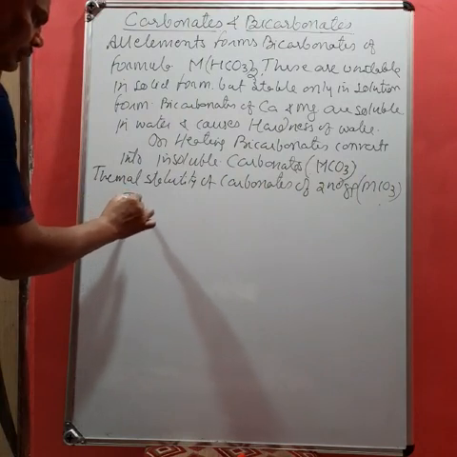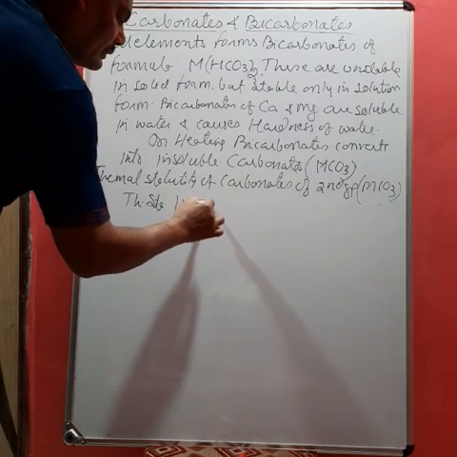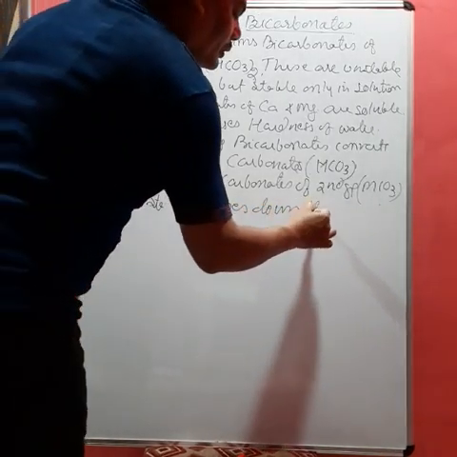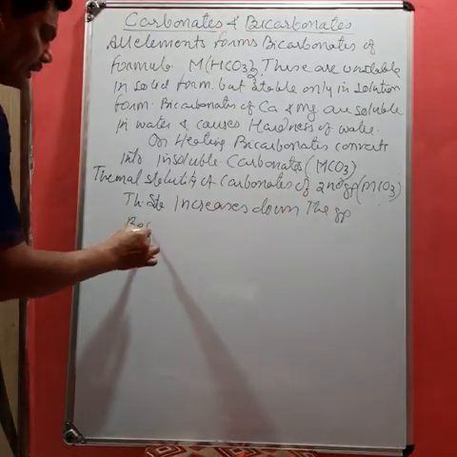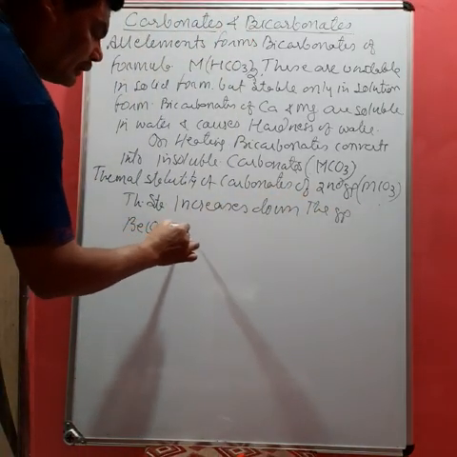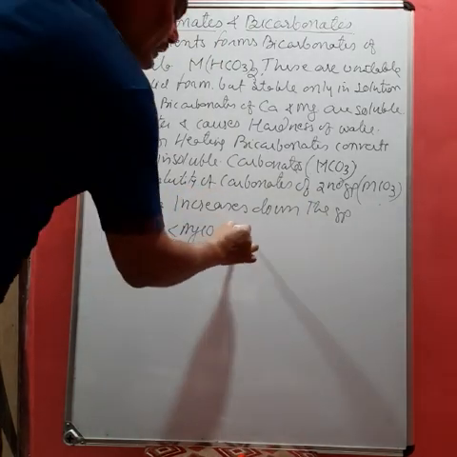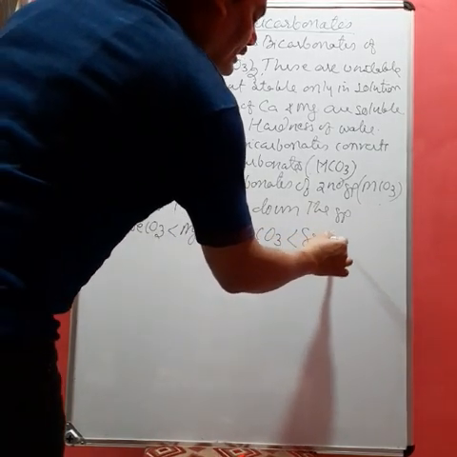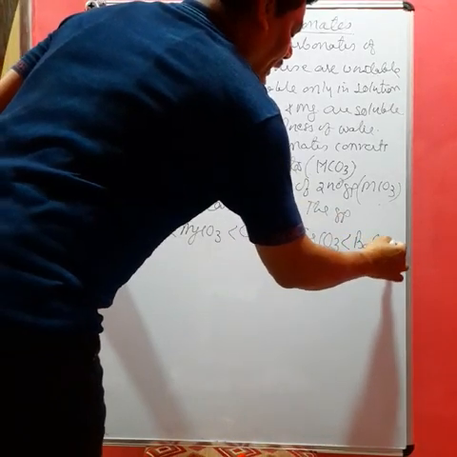Now thermal stability increases down the group, like BeCO3 is less stable, MgCO3 is more stable, okay, CaCO3 is even more stable, and SrCO3, and the most stable will be what? BaCO3.